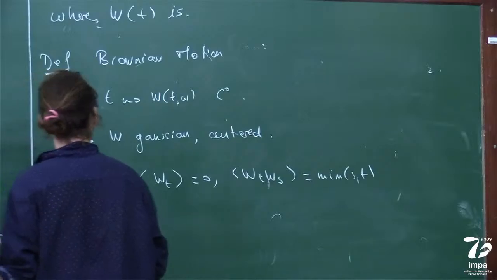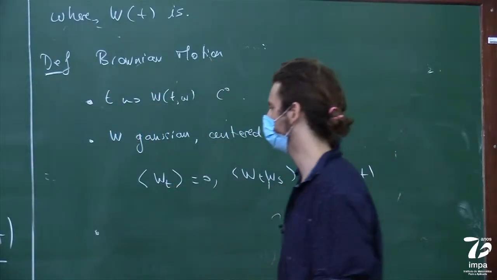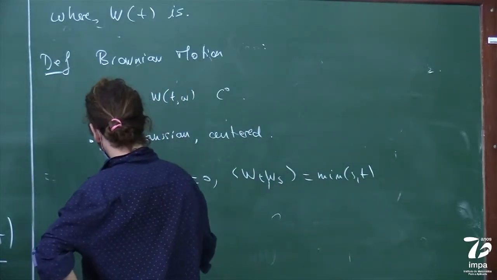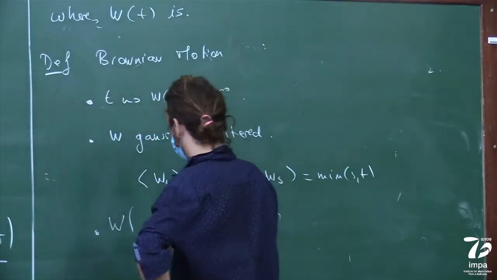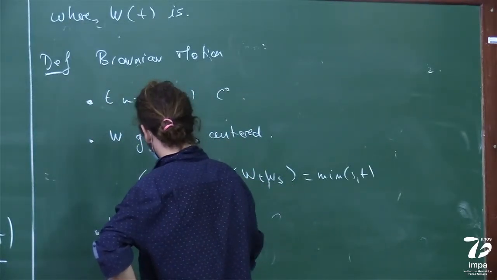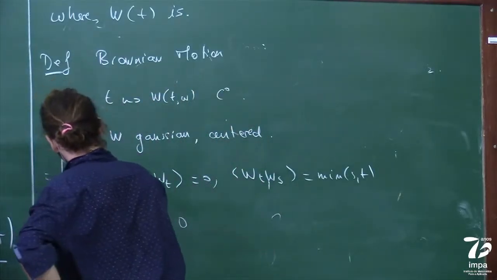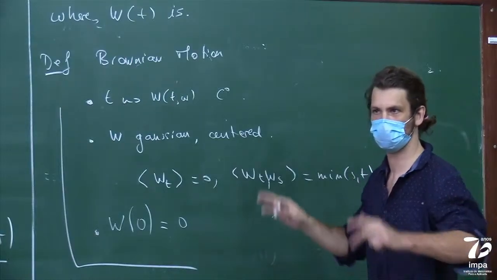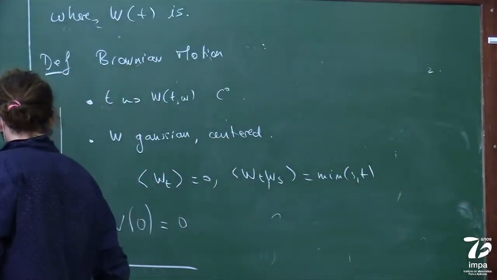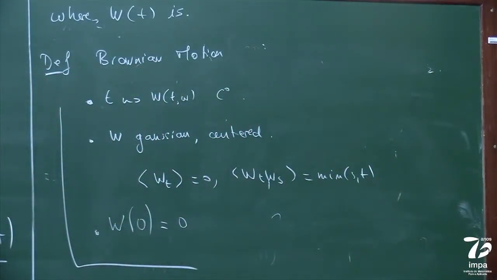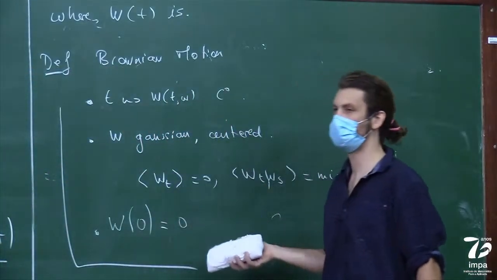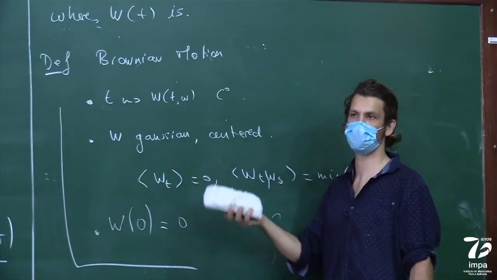And to define it in a canonical way, we will require that at time 0, omega_0 is 0. Okay, that's the Brownian motion. And so this means that I will be able to take averages with respect to the Brownian motion.